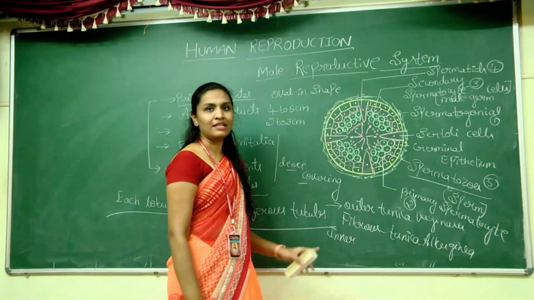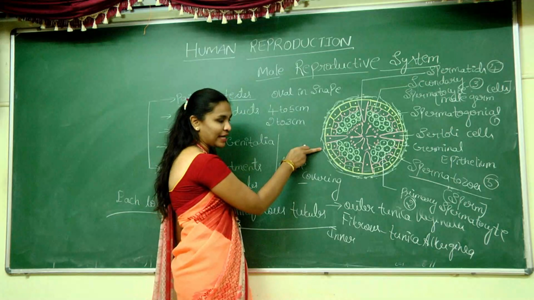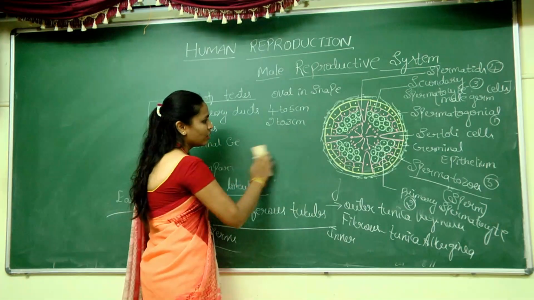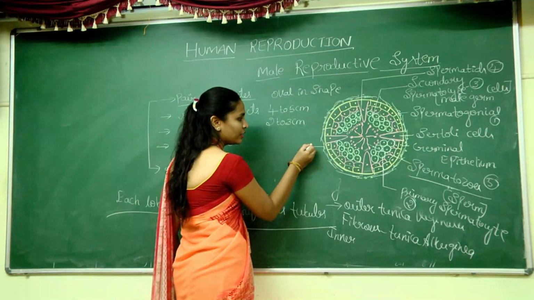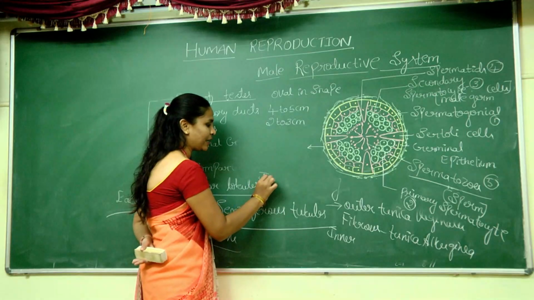Outside the seminiferous tubule, there is a space. This space is called the interstitial space.